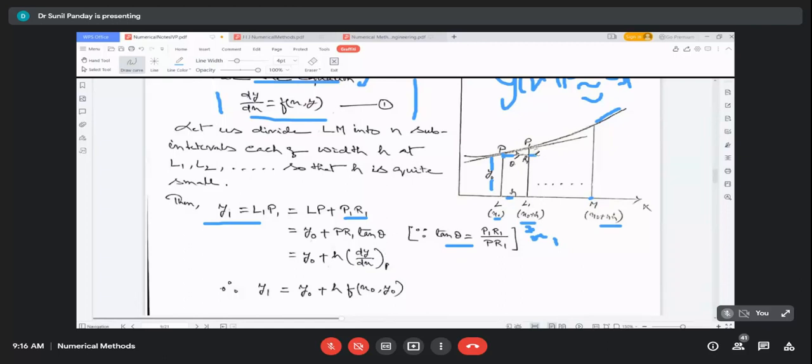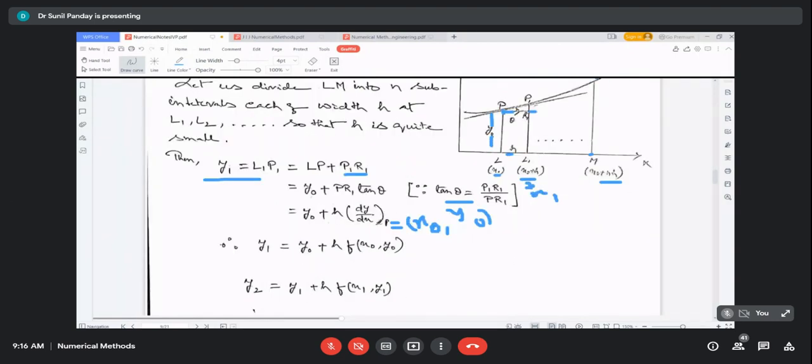This tan theta can be rewritten as dy by dx, because it is the slope. So we write dy by dx at the point P. And what is the point P? P is x naught, y naught.